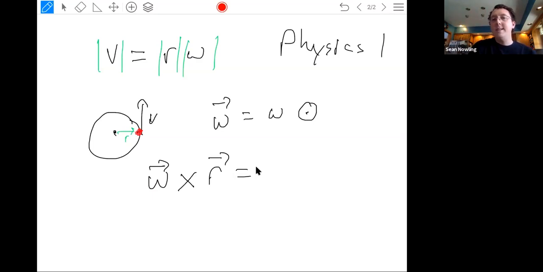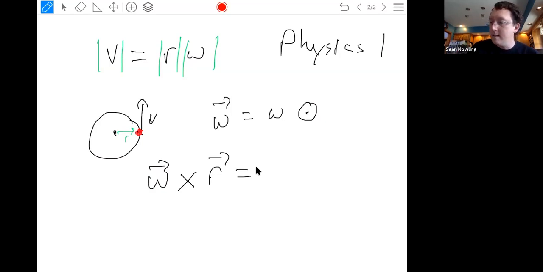So what I see is that to get the direction of all these things to hang together, the velocity has to be omega cross r. Remember way back in the first slide in the little quiz, they had one of the options being r cross omega. That would give you minus the velocity.